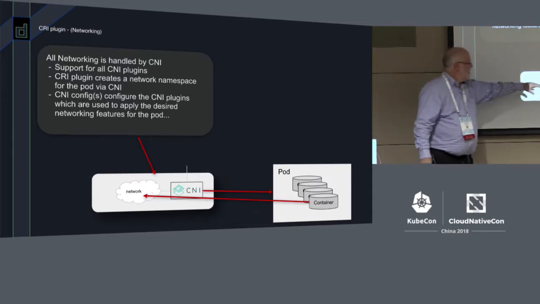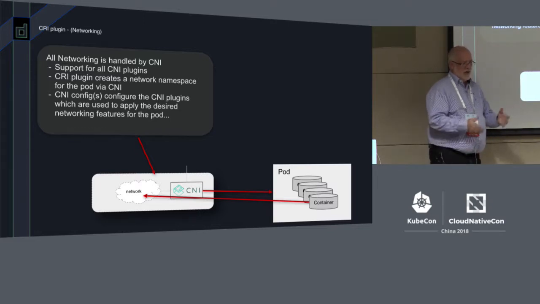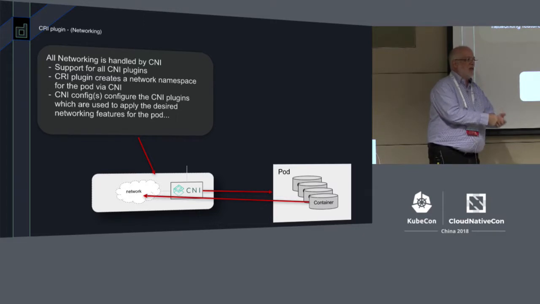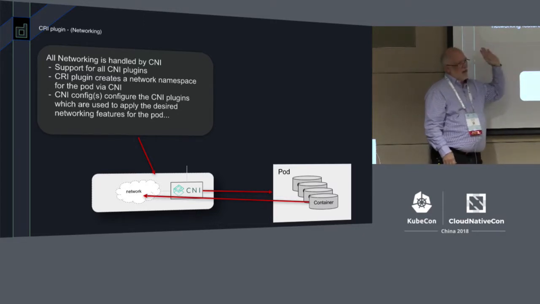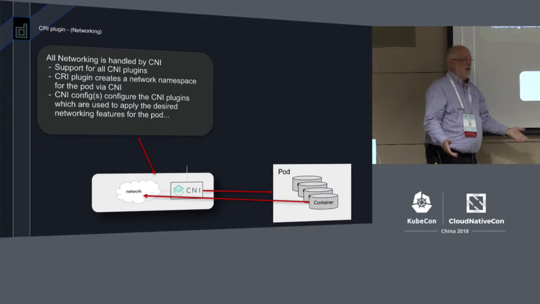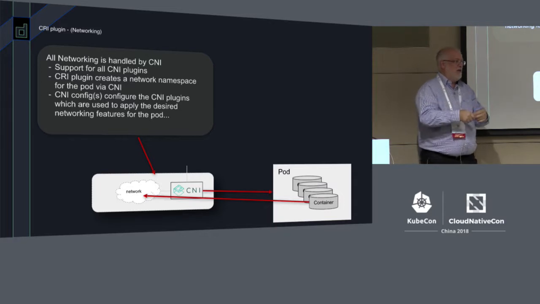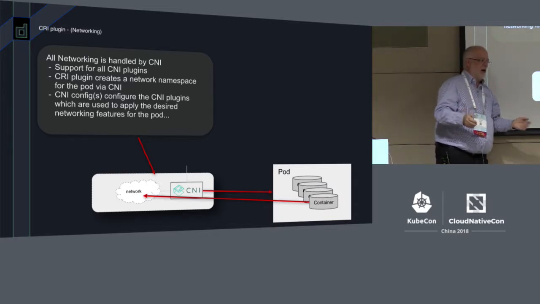Yeah. So what we do is when we start up our pod, we tell CNI to please give us a namespace for this pod. They give us the namespace, and then later on when we run it, the operating system says, hey, you wanted us to call you for all the networking stuff for that namespace.